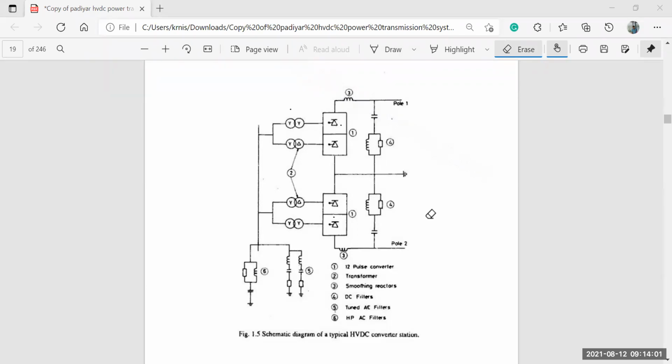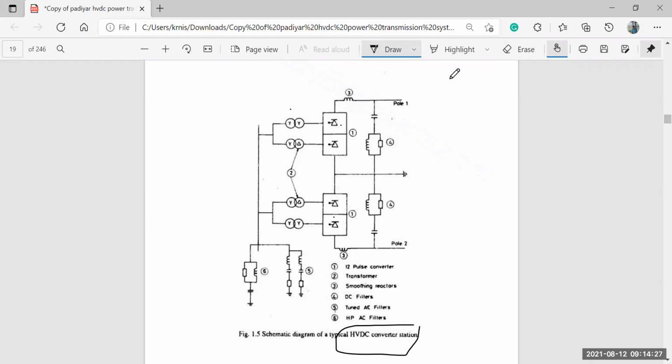They would either ask you for a complete diagram, or a schematic diagram of this, or the types of HVDC line: monopolar, bipolar and homopolar. You have to draw that and give the explanation, including the reason why negative polarity is taken. This entire segment carries around a maximum of 10 marks.